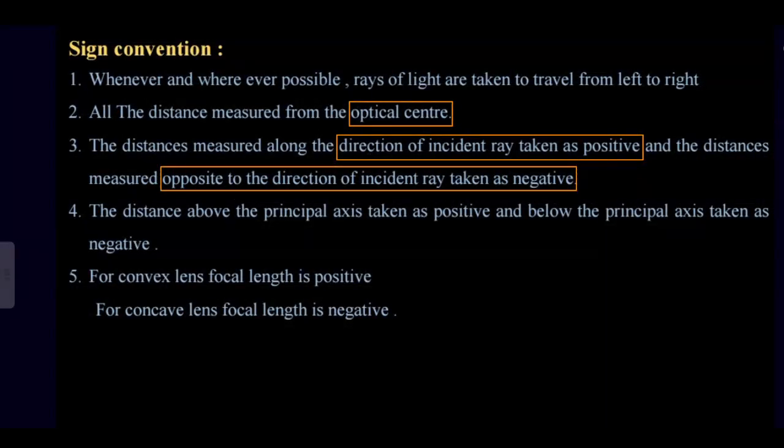Heights above the principal axis are positive, below the principal axis negative. And the focal length, like mirrors earlier, is the same for lenses. The focal length for a convex lens is positive, for a concave lens is negative.